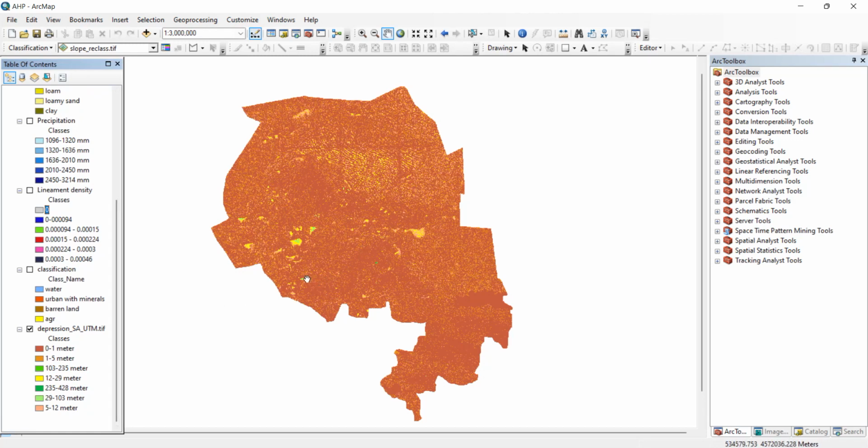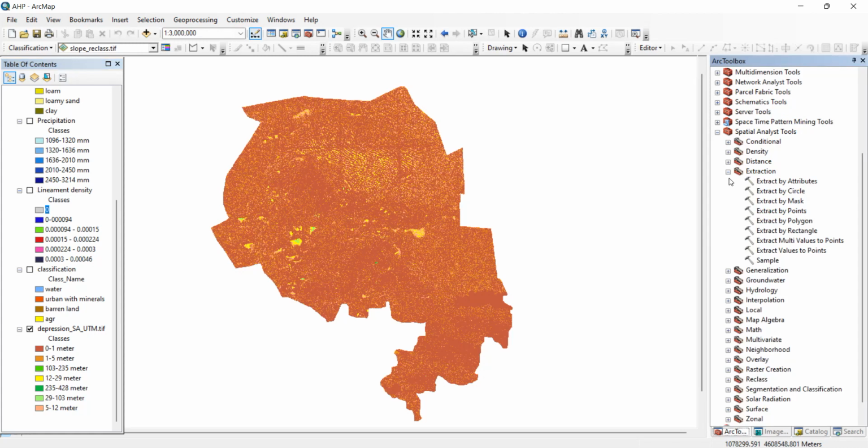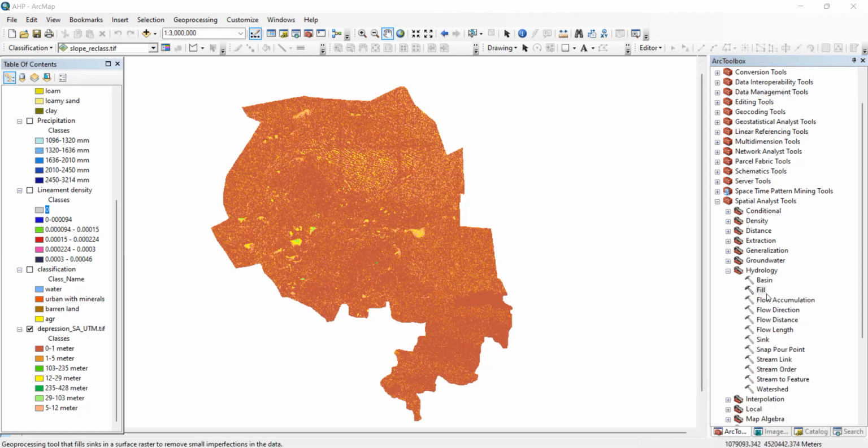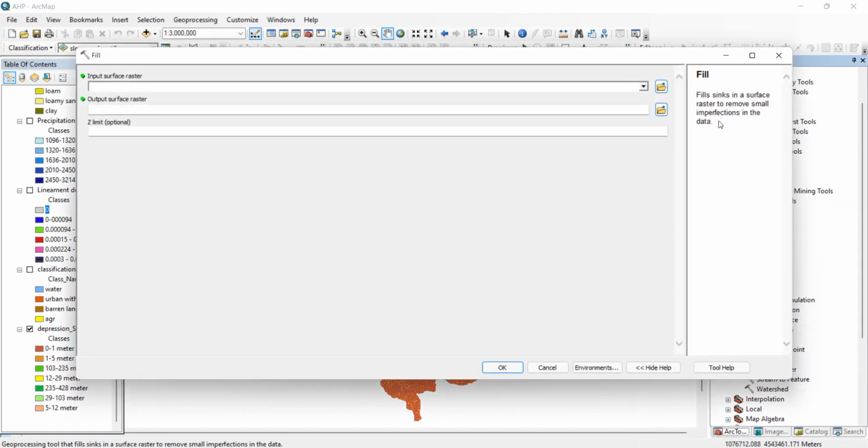The depression is the difference between the smooth digital elevation model, which was derived using the fill operation, and the raw DEM, which we subtracted from the filled one. You may remember that fill removes sinks in a surface raster to remove small imperfections in the data.